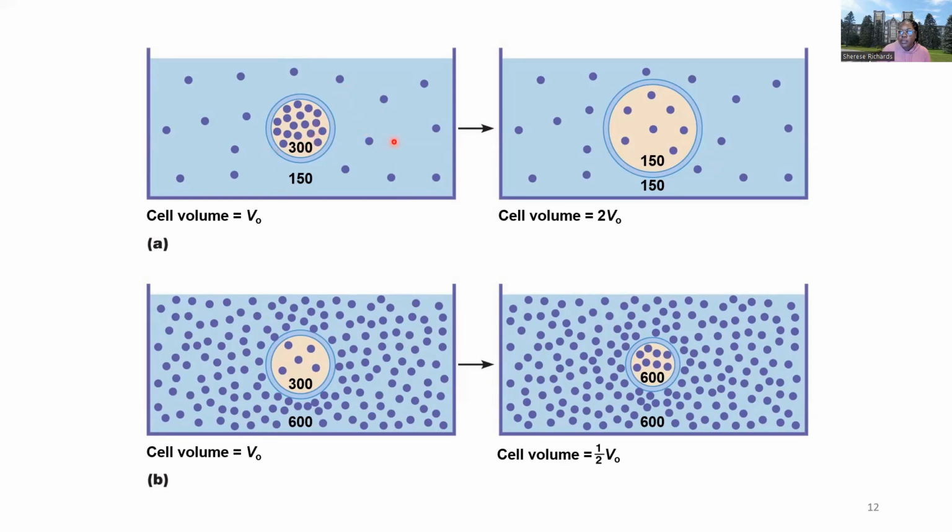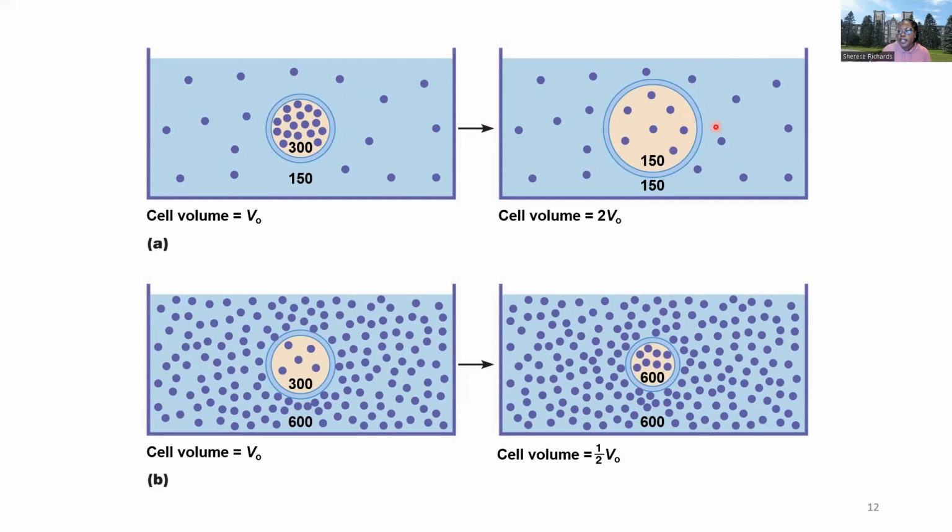Who can predict what direction the water will move to result in this scenario on the right? Where is the water at higher concentration and where is it at lower concentration, and where will it move? Excellent, thank you. Yep, so it's going to move into the cell.